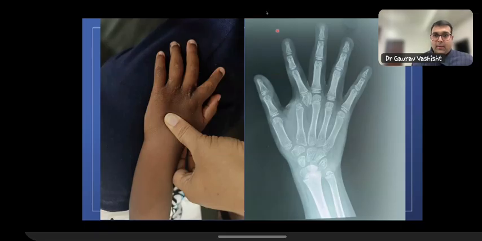And what do you see here? I've shown the X-ray here. I know someone will definitely hit the diagnosis here.